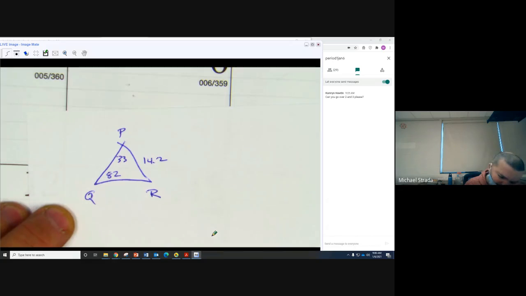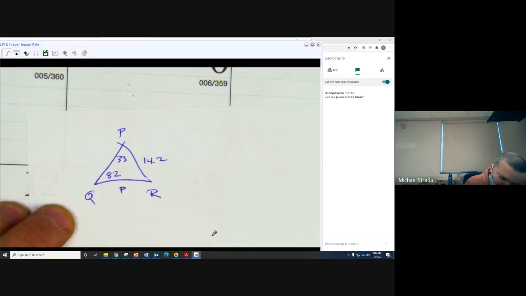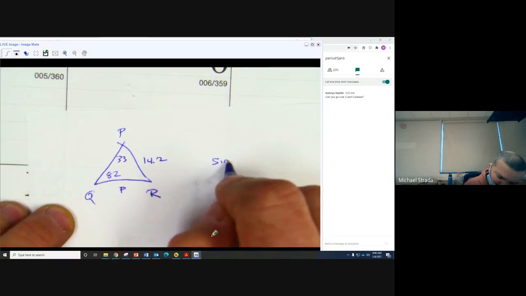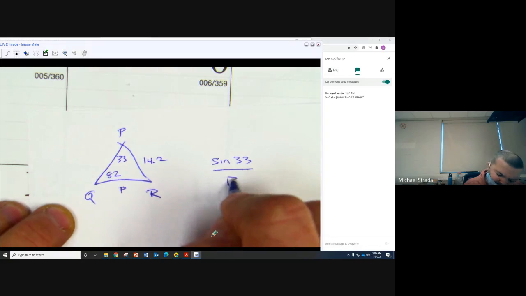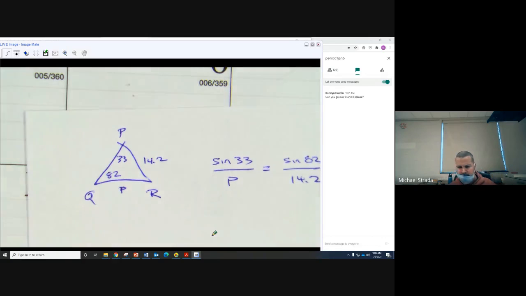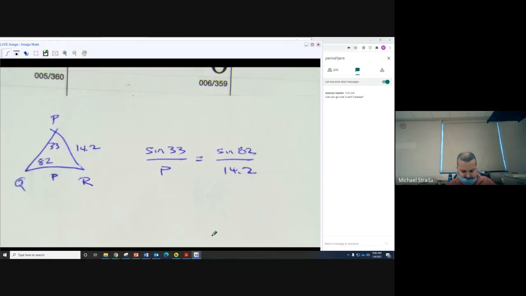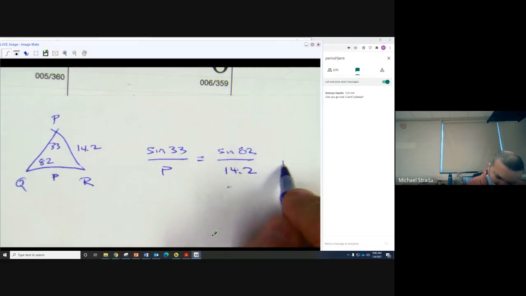To the nearest tenth, what is the length of QR, which is over here, which is little letter p? So sine 33 over p equals sine of 82 over 14.2. I'm going to cross multiply 14.2 times sine 33, divide that by sine 82, and I get my 7.8.